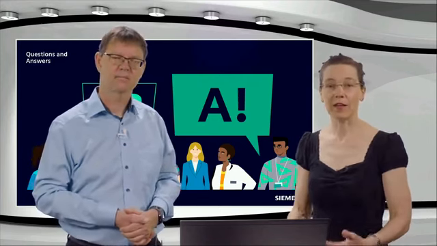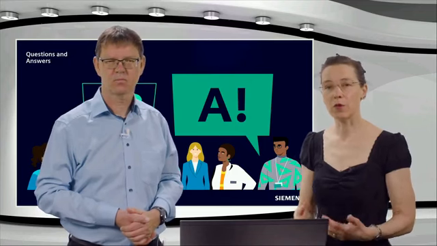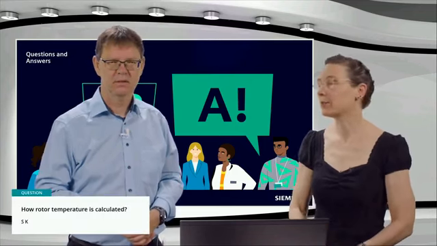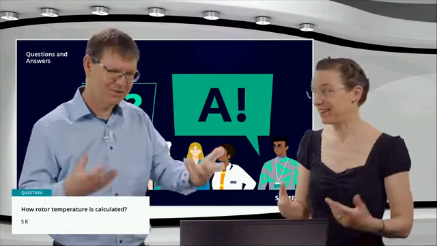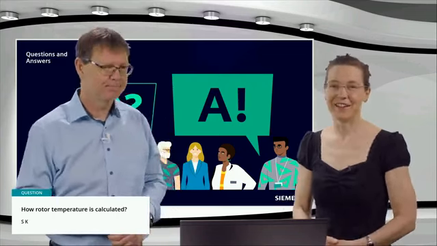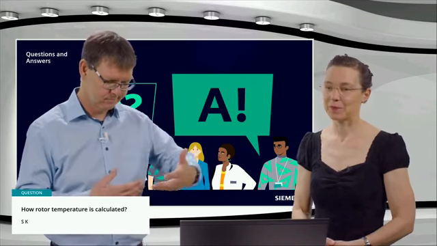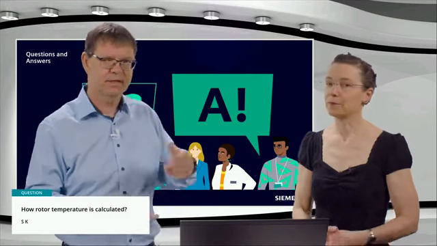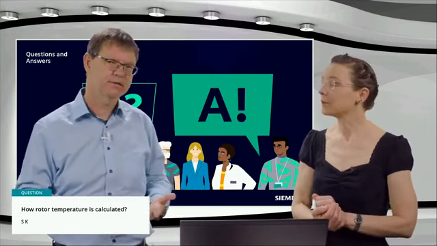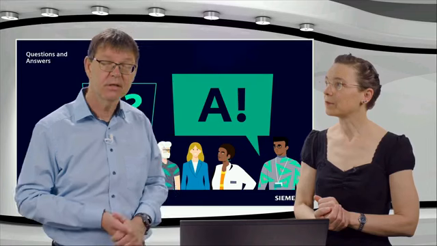Okay, thanks. And then SK wants to know how the rotor temperature is calculated. This is basically what I tried to explain in a nutshell relatively fast. We get a couple of inputs from the motor manufacturer: the number of cold and warm starts, the starting time and the starting current.